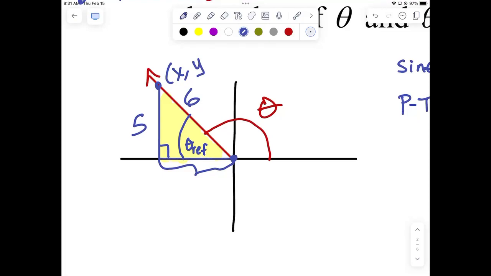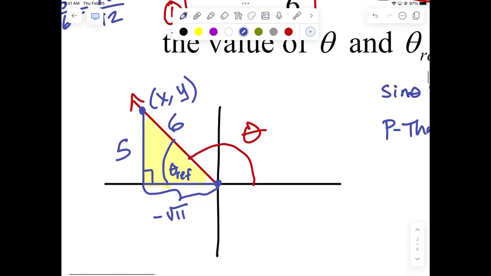And up. If I have to go left, that means x is actually what? Negative square root of 11. And so this point x, y is actually the point negative square root of 11, comma 5. That's the ordered pair, out there in quadrant 2. Negative square root of 11, comma 5.